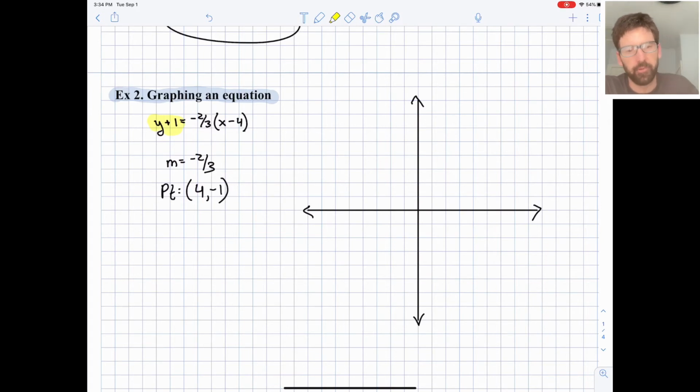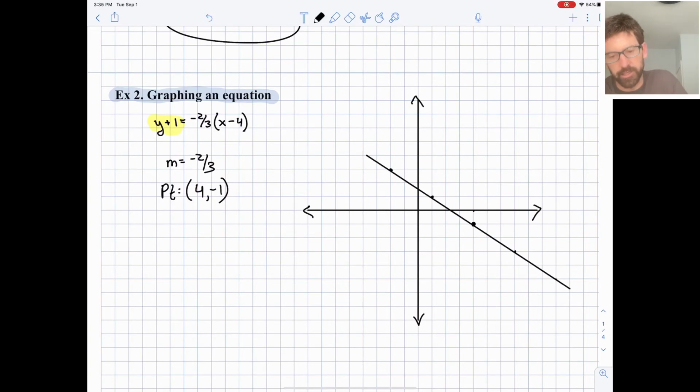So let's plot that point, 4 comma negative 1, right there. And we need a slope of negative 2/3. So down 2 over 3, down 2 over 3. We can go in the opposite direction as well. So up 2 over 3 to the left, up 2 over 3 to the left. And it looks like we have a pretty clean line we can draw in, try to make it nice and neat.